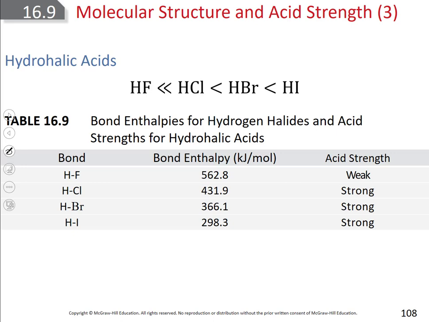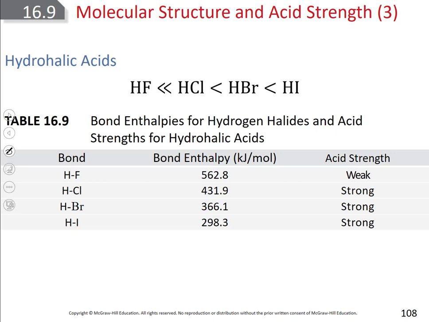Now, those partial charges make it similar to an ionic compound. Opposites attract. If you have a large negative charge on your halogen holding on to that positively charged hydrogen ion, it's going to hold on to it more strongly than if you had a weakly negative halogen holding on to the hydrogen.